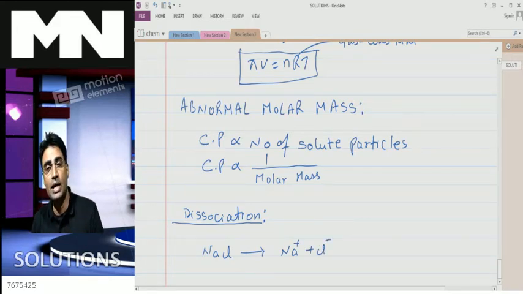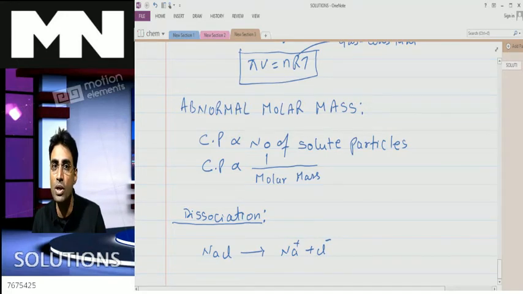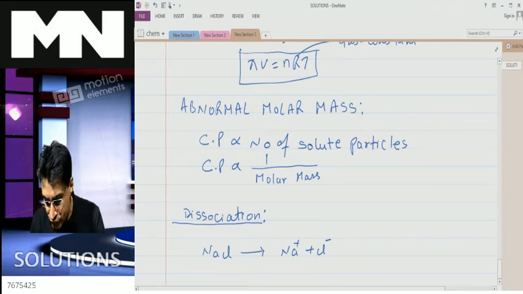That means I took the concentration of the solute as 1 mole, but on dissolving in water, it has got converted to 2 moles. That means the number of particles has doubled. When the number of particles has doubled, the colligative property will also get doubled. And when the colligative property gets doubled, the molar mass calculated through it will be around half of the actual mass.